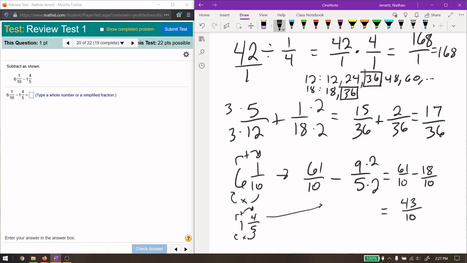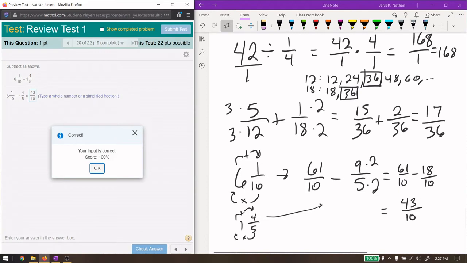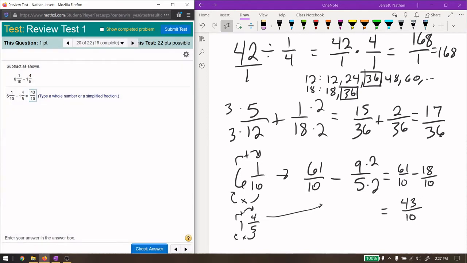Make sure of that. 61 minus 8: you subtract 1, you go down to 60, you subtract 7 more, gives you 53, and subtract 10. Yep. That cannot be simplified. I wonder if they want us to put it in mixed number form. I don't think so. They didn't say anything about mixed numbers.